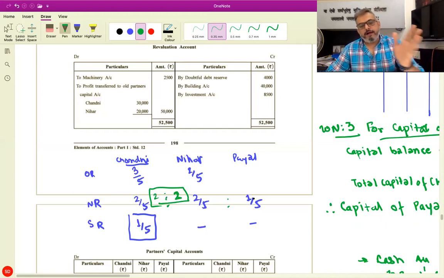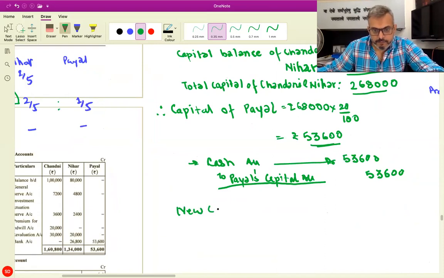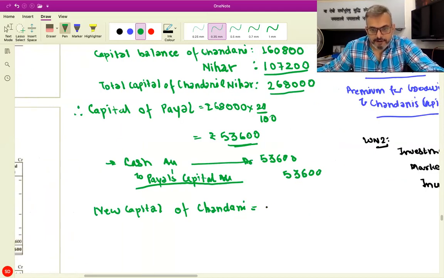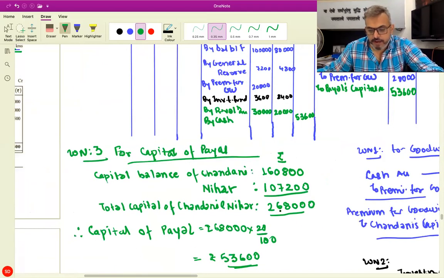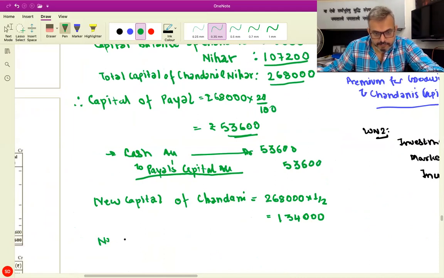Because 1/5 belongs to Payal, what is left has to be distributed equally between the two. So new capital of Chandni is equal to, now how much is the total balance of the two, 2,68,000. So 2,68,000, it is 2 is to 2, so which is equal, so which comes to 1,34,000. And new capital of Nihar is equal to again 2,68,000.